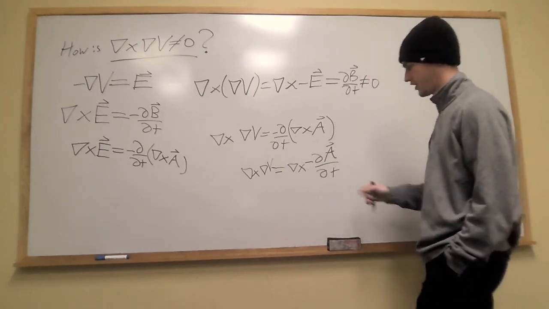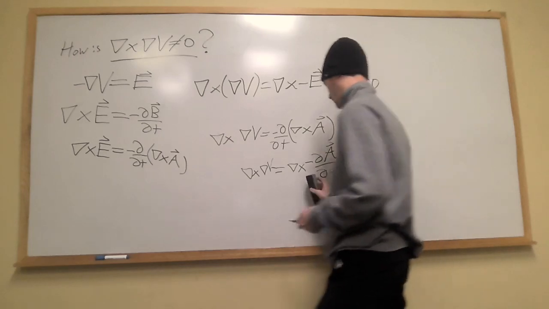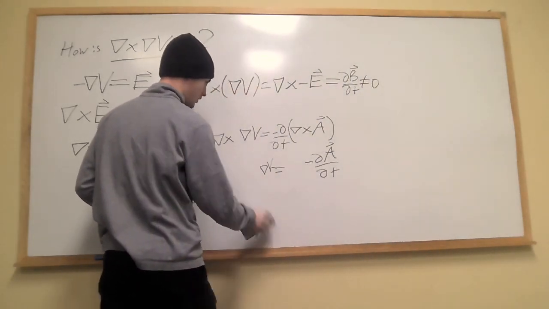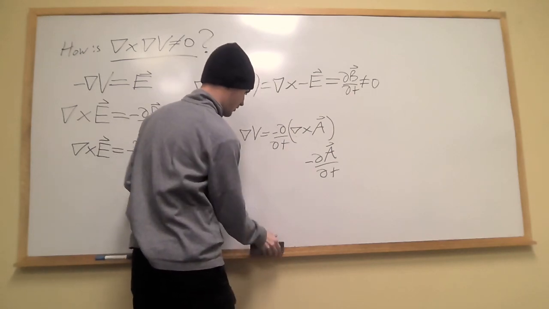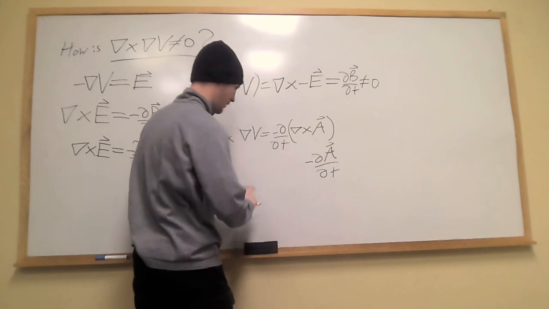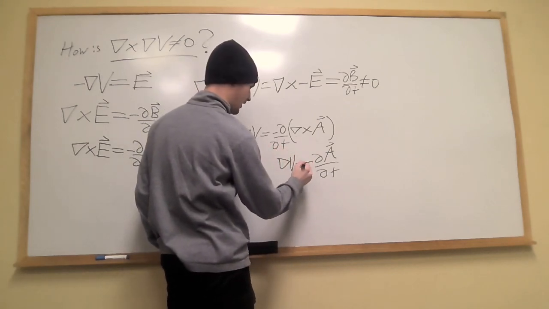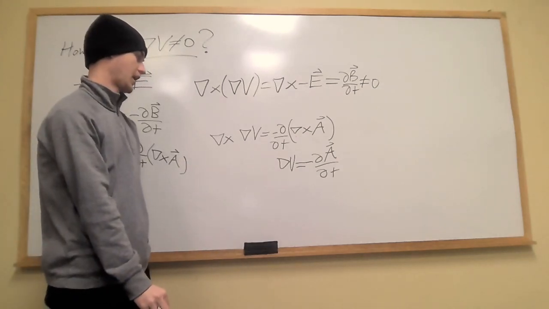And now we can see very easily that we have the curl on both sides, so we can just erase it. So now we have that gradient V equals minus partial A partial t.